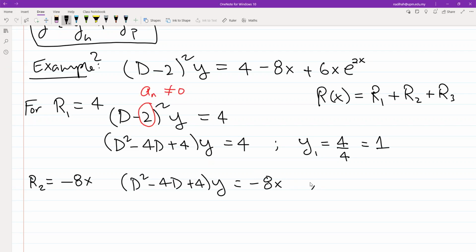And if you remember, we also did this in the inspection method. You can say y2 is just ax plus b. And then if you plug into the original equation, you will get y2 equals minus 2x minus 2.